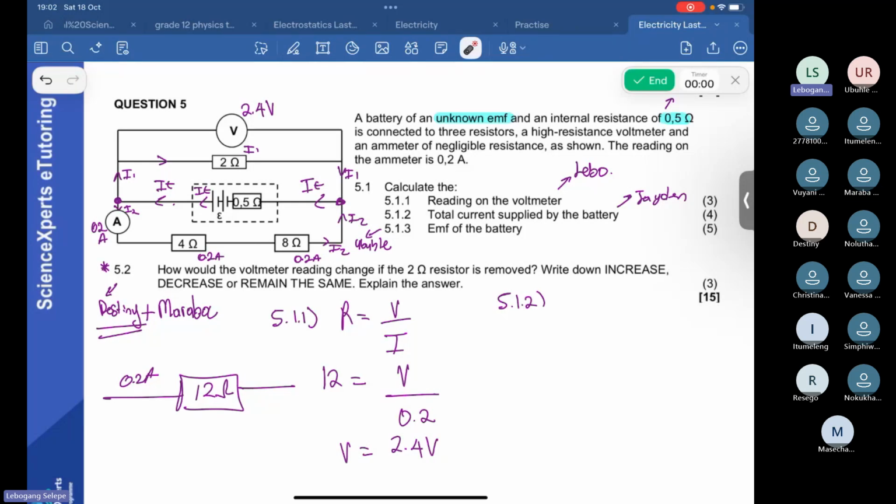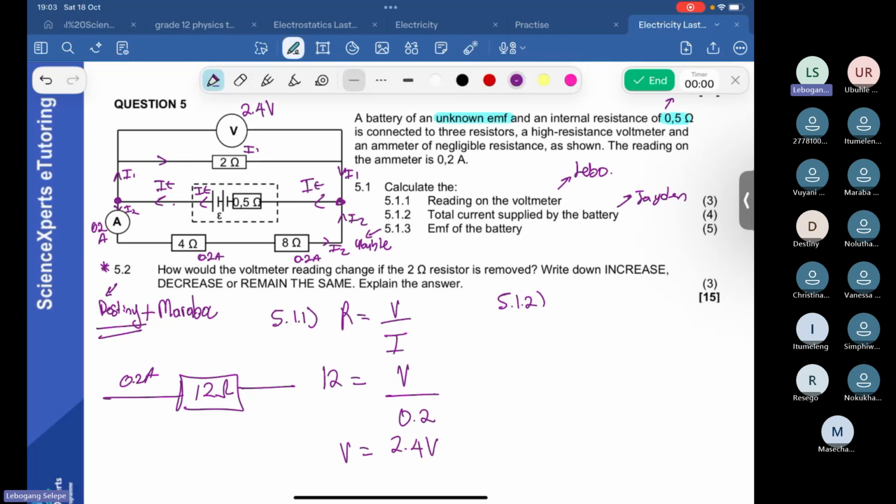You sure? Okay. That's why I said that alternatively, this is a 3-mark question. There was no need for you to do a long drawn-out calculation of this one, then that one, then add them. You can just do it in one formula. Yeah?